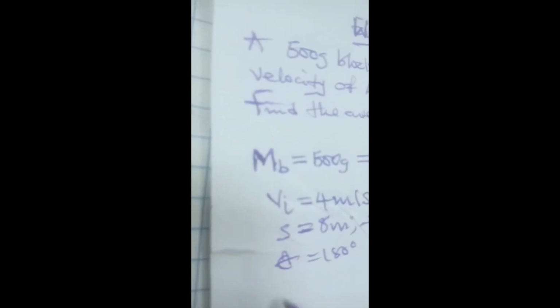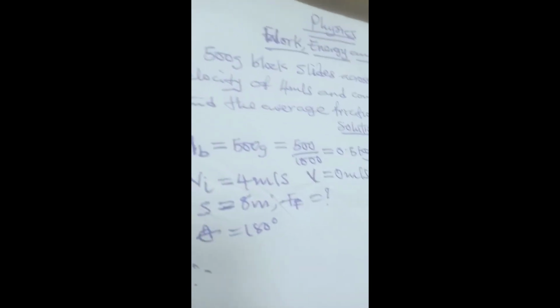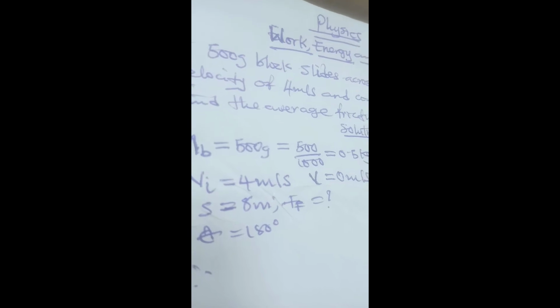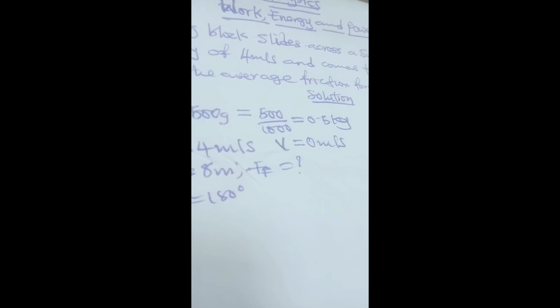Now, let's come back to this. If you look at this question very well, it is the frictional force that we are asked to calculate. Now, it is very simple. Remember that the change in kinetic energy of the block will be equal to the work done on the block by friction force.